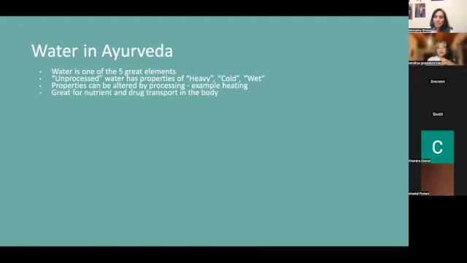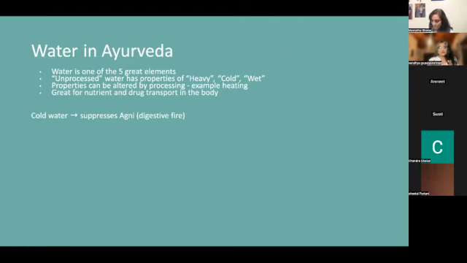So there's a concept called anupana in water where, when you have some drugs which were herbal or whatever, water is a great carrier for this, meaning it takes the drug to the right place.